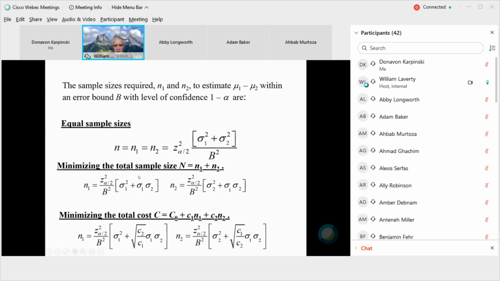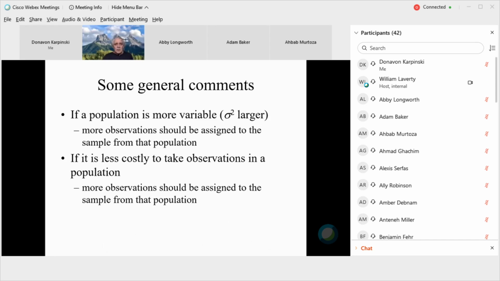This is if you want the total sample size to be minimized. This is the sample sizes that would be required if you wanted the cost of the experiment to be minimized. If a population is more variable, sigma squared is larger.